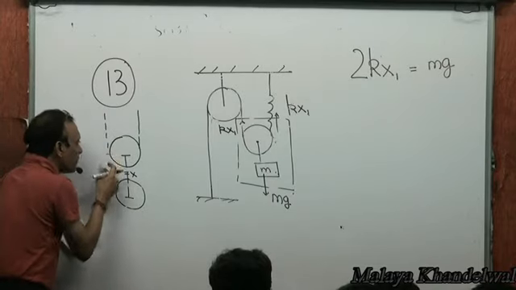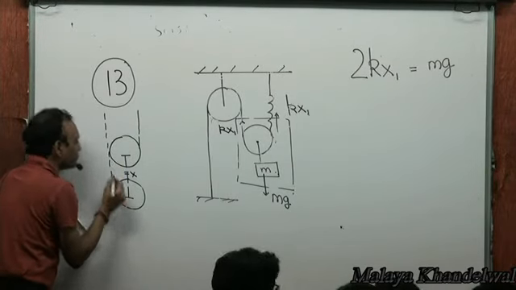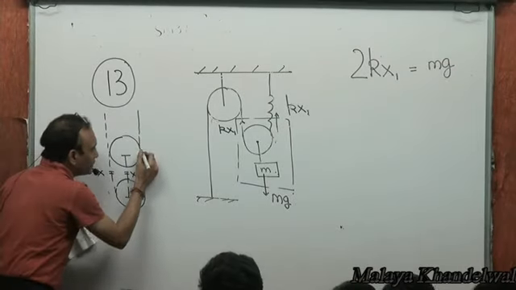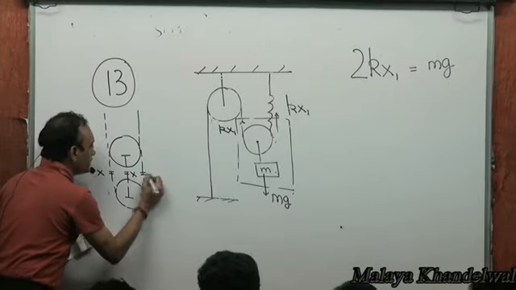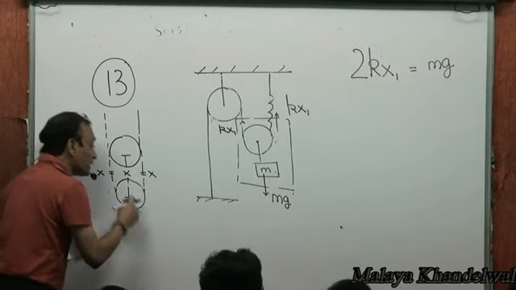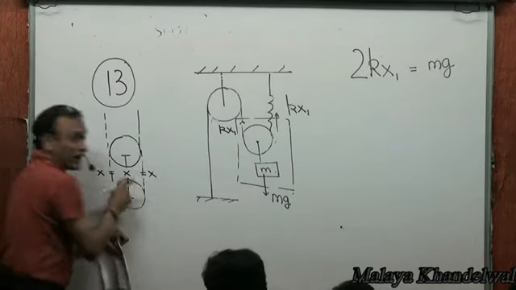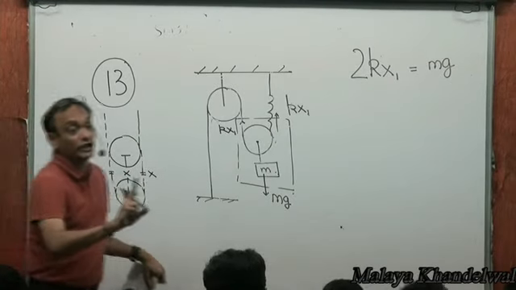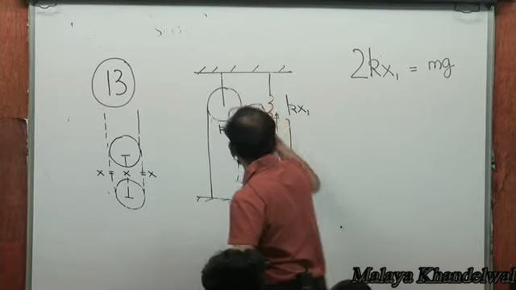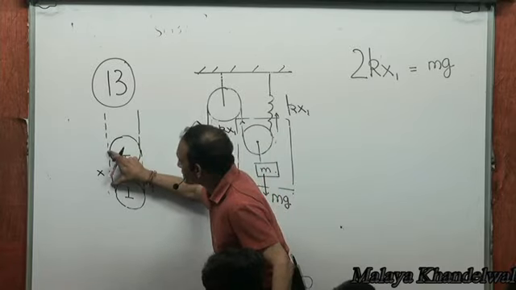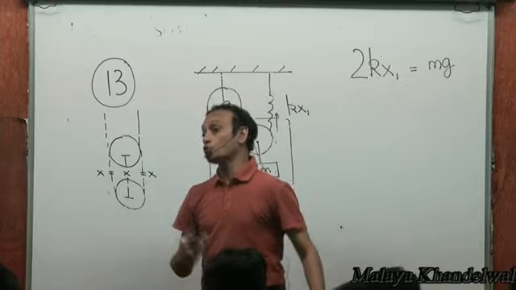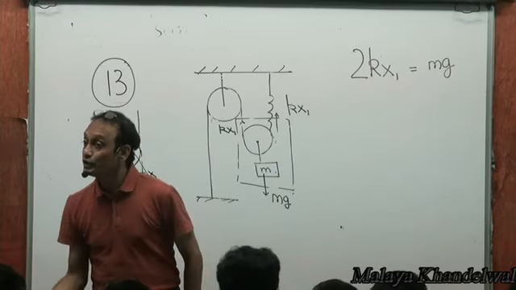Now, the portion to the left of the pulley would have to get elongated by an amount x. The portion to the right of the pulley must also get elongated by an additional amount x. That means now the spring in the new state would have got elongated by an additional amount 2x, isn't it? In the entire length, there is an additional elongation x here, and an additional elongation x here. That means total elongation increases by 2x.